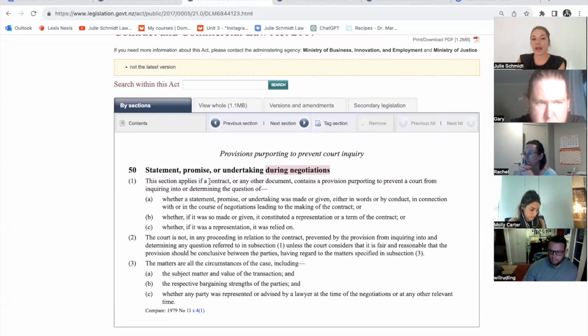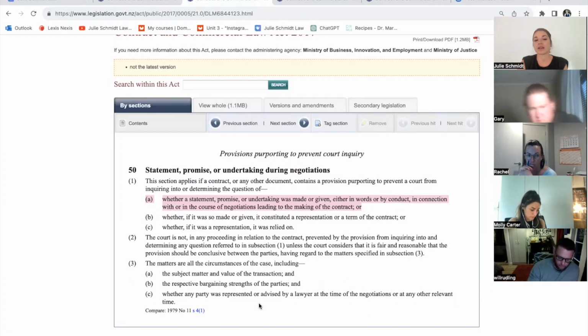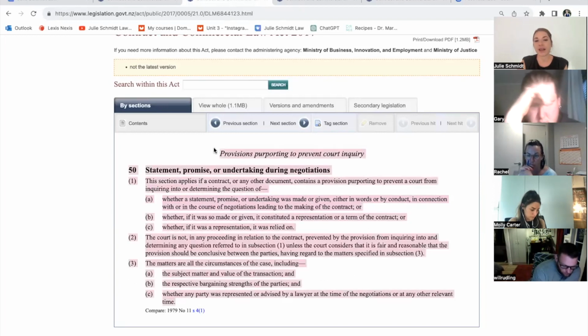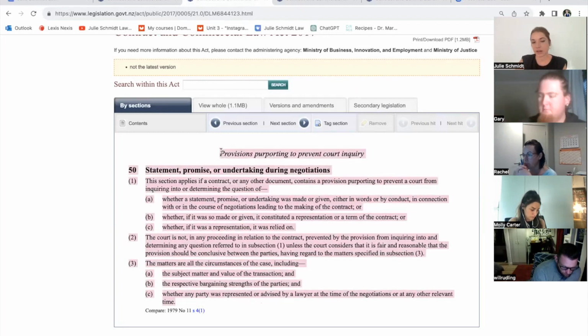So if a contract or any other document says that a court can't look into whether a statement made before creating a contract is allowed, then section 50 will say the courts might jump in and say, no, we can look into that statement.